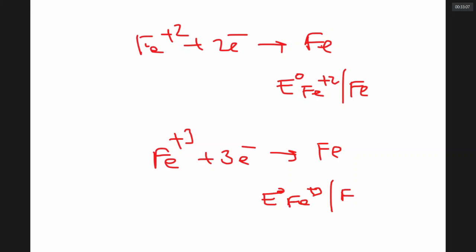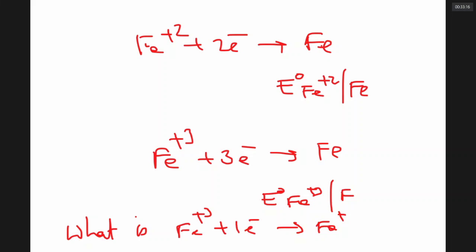Now they want Fe plus 3 plus 1 electron to get Fe plus 2, meaning they are asking what is E0 Fe plus 3 by Fe plus 2. How can you get this, sir?